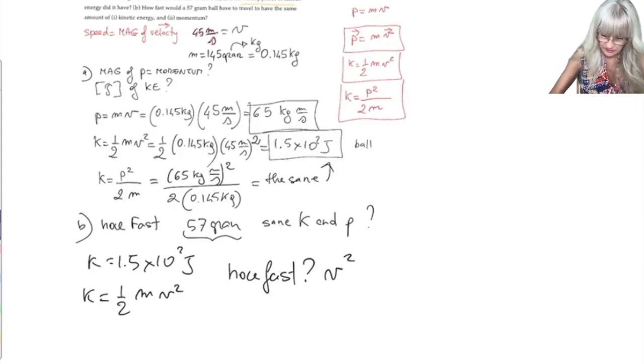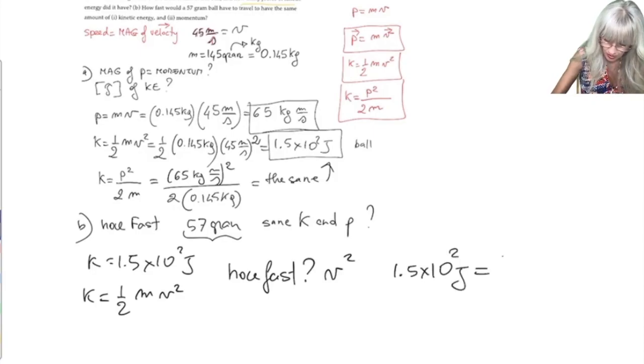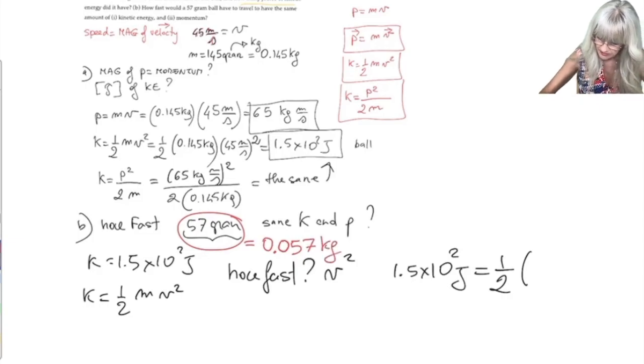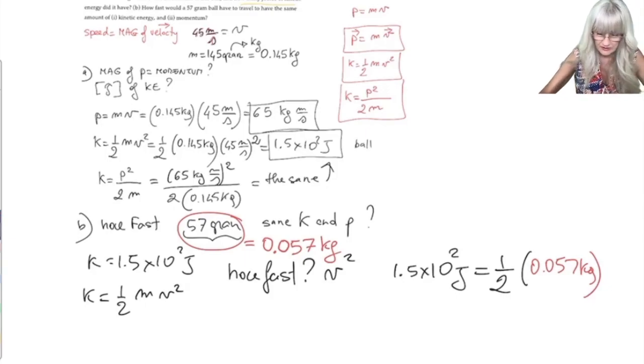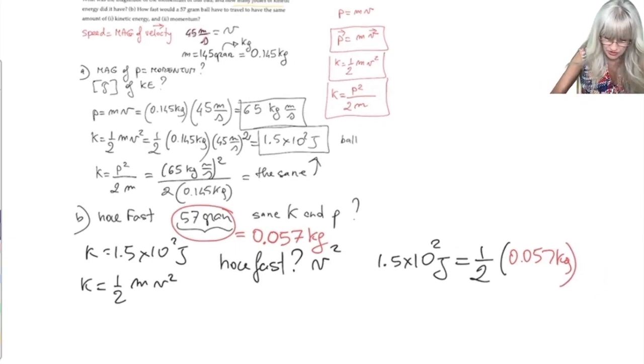All right, let's do that. 1.5 times 10 to the 2 joules equals 1/2, the mass was 57 grams right there, which I'm going to write as 0.057 kilograms, multiplied by v squared, which is what I want to find.